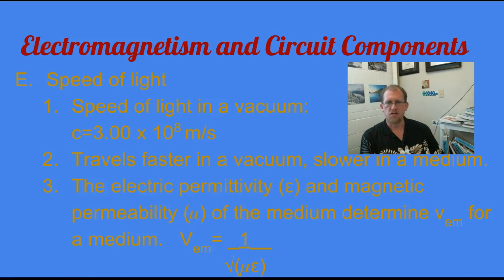And our last conversation has to do with the speed of light in the vacuum. How fast do those electromagnetic waves travel? In the vacuum of space, or the nearly perfect vacuum of space, light travels at an astoundingly fast speed. 3.00 times 10 to the 8th meters per second. Okay, so that's a 3 followed by 8 zeros.